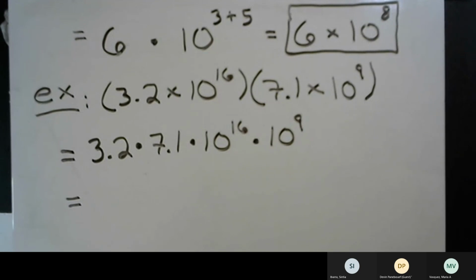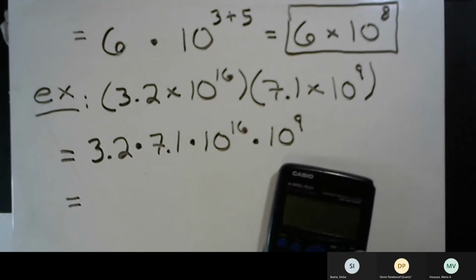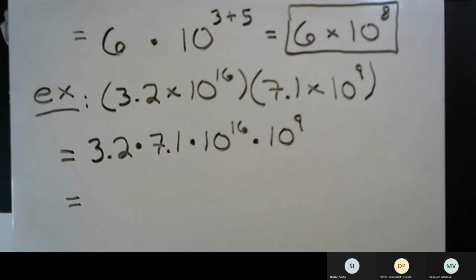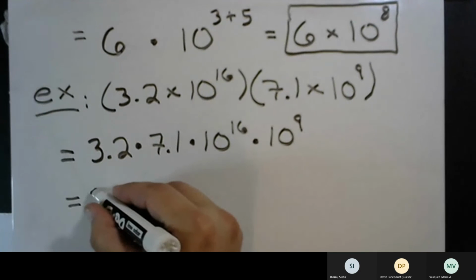So we'll multiply our non-powers of 10 here. And so we're going to get 22.72.